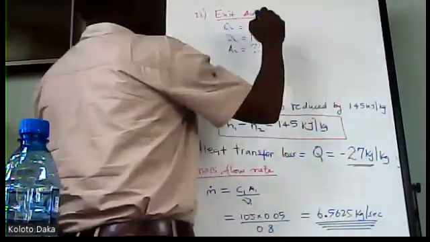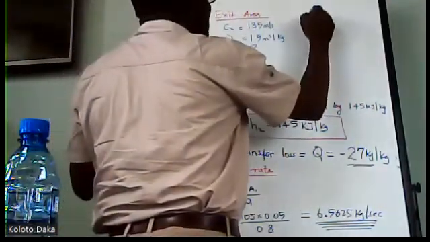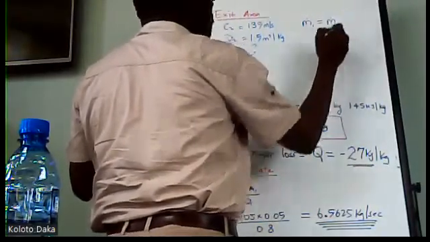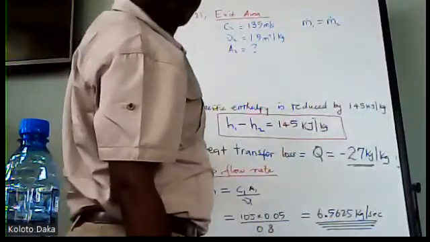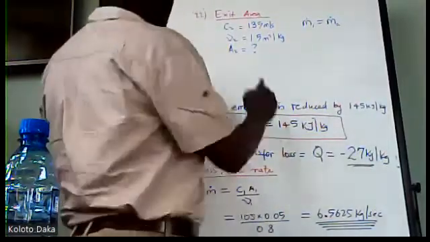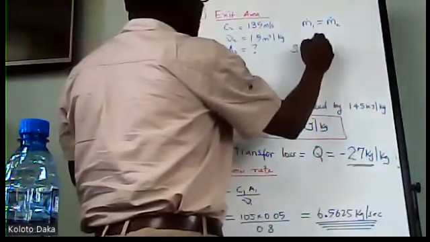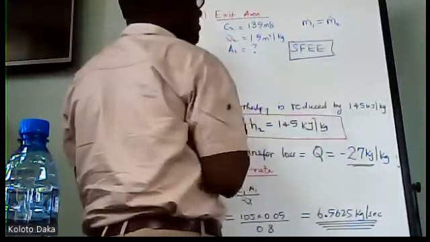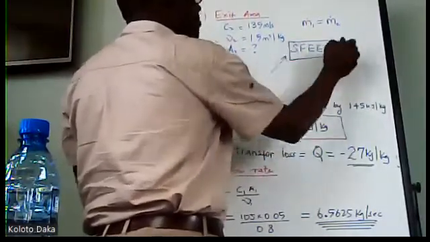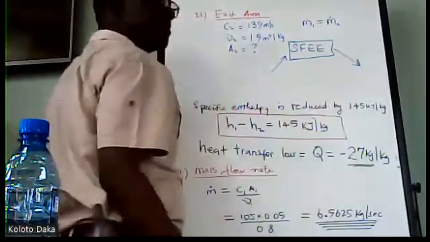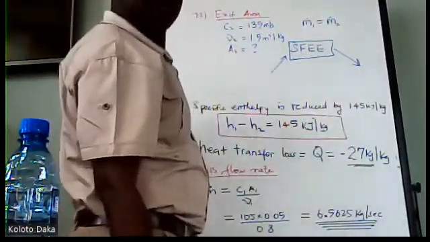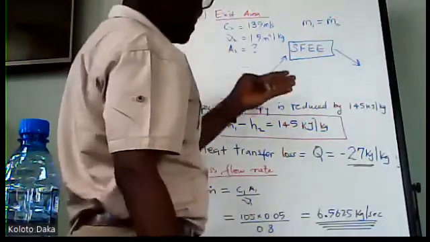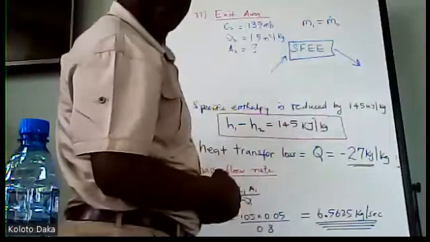Good. So, the mass flow rate is constant. M at 1 should be equal to M at 2. This is a steady flow energy equation. What does that mean? What enters should be equal to what leaves. The amount of mass entering the system should be equal to the mass exiting the system.